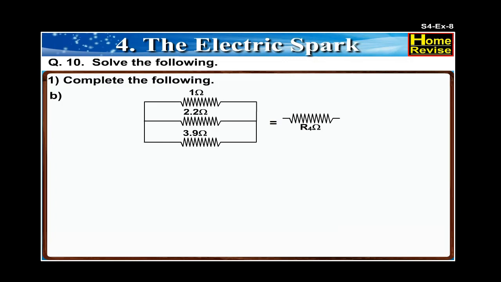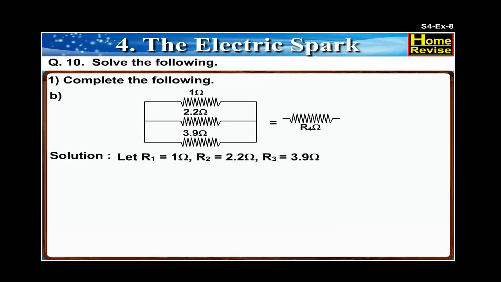B. Solution. Let R1 equal to 1 ohm, R2 equal to 2.2 ohms and R3 equal to 3.9 ohms.